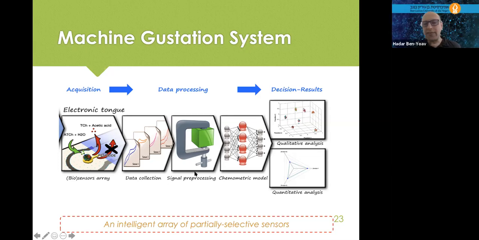We do some kind of signal pre-processing, and then we use a chemometric model, we train it with the data to get a decision result, which can either be qualitative analysis, meaning a classification, or quantitative analysis, which gives us a numerical result.